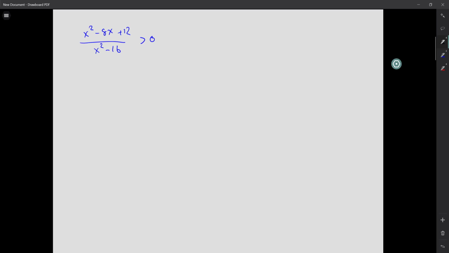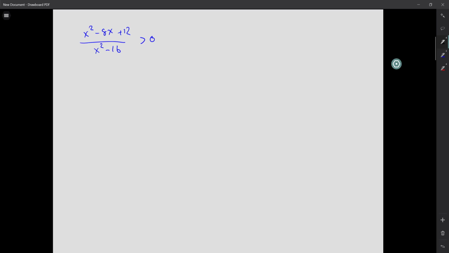Now I can do all of this same stuff for rational functions. Let's try one. We've got x squared minus 8x plus 12 all over x squared minus 16. And we want to find out when this is greater than 0. Now this actually works exactly the same way that it does for polynomials.